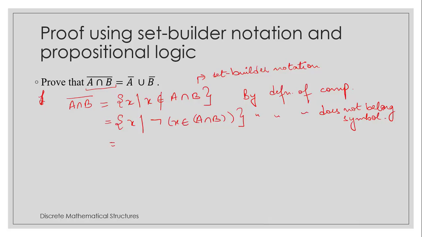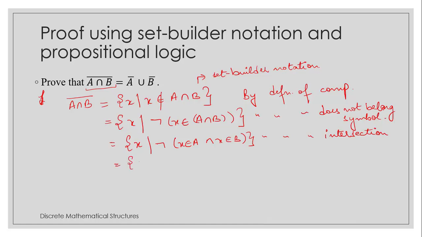Now this is equal to x such that negation of x belongs to A and x belongs to B. This is by definition of intersection.